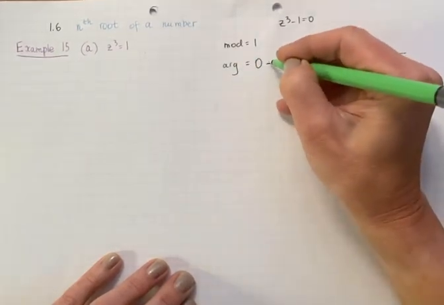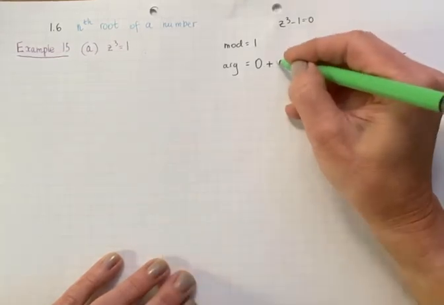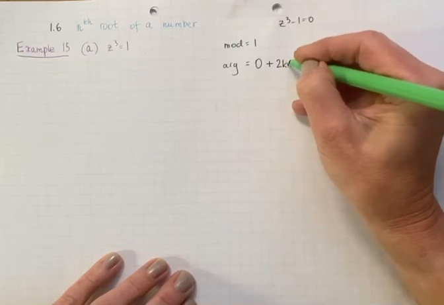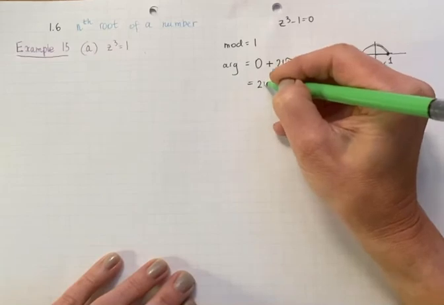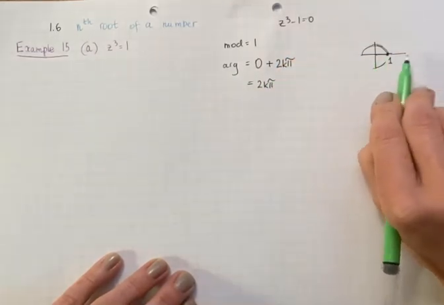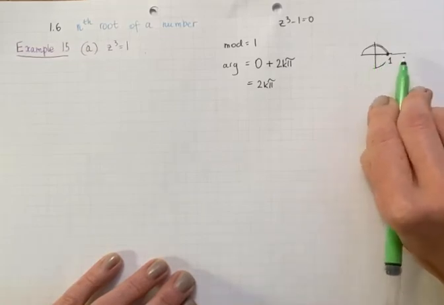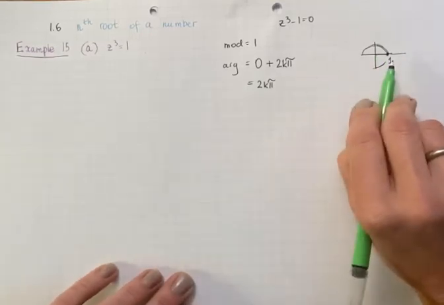To take account of that situation, we're just going to add multiples of 2 pi. So you write 2k pi and add it to our argument. Any complex number that starts off on the positive real axis will have 2k pi as its argument.